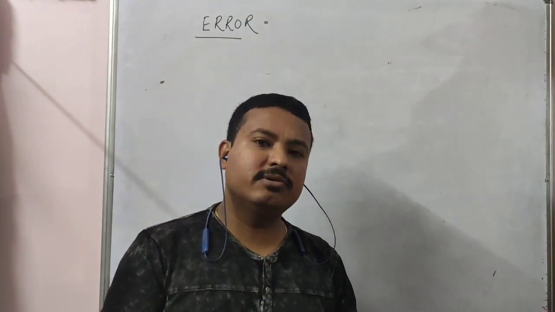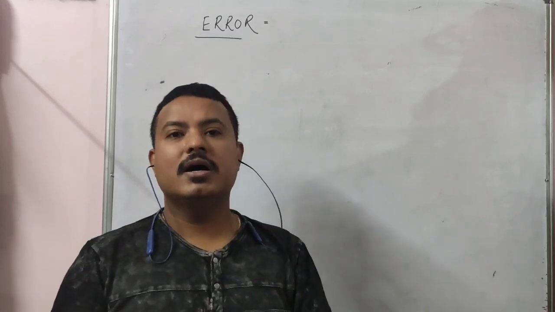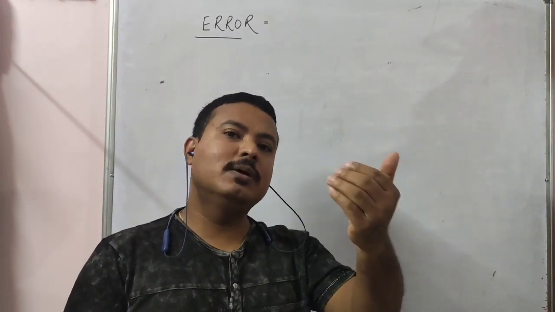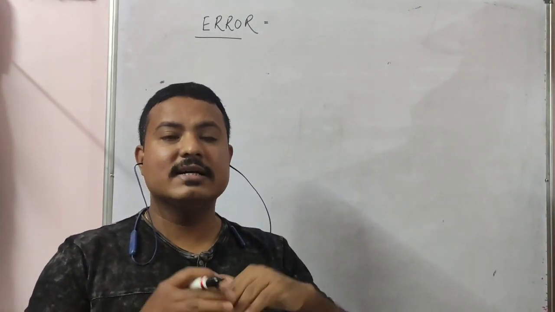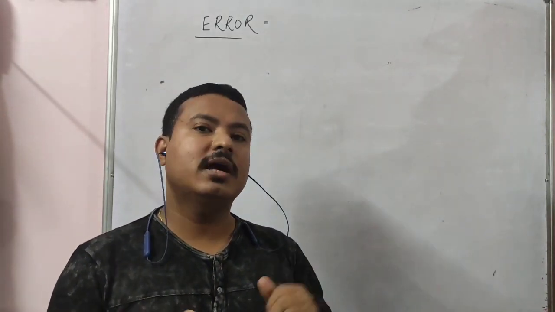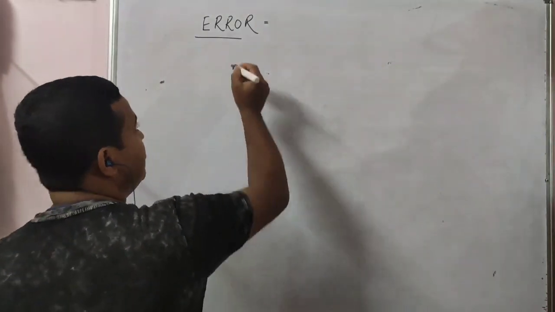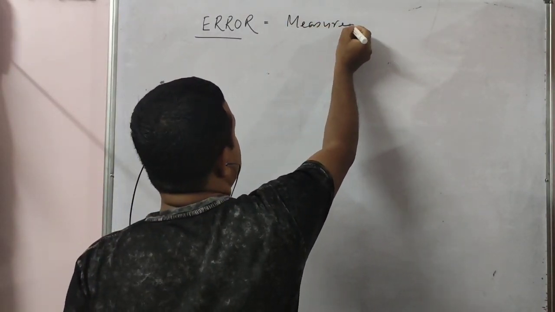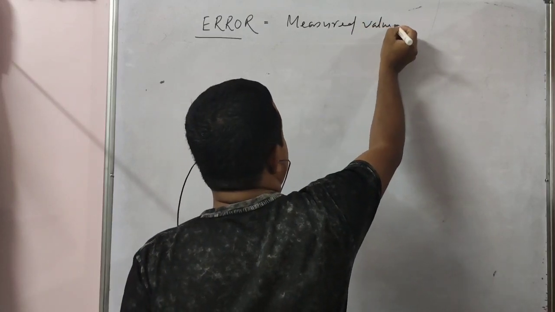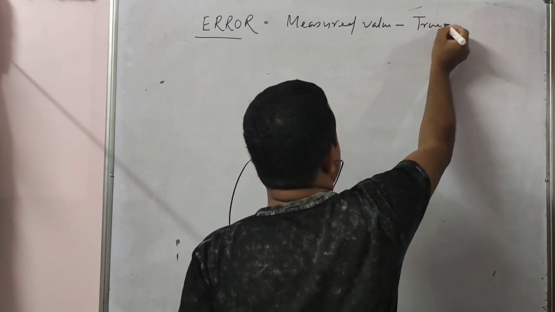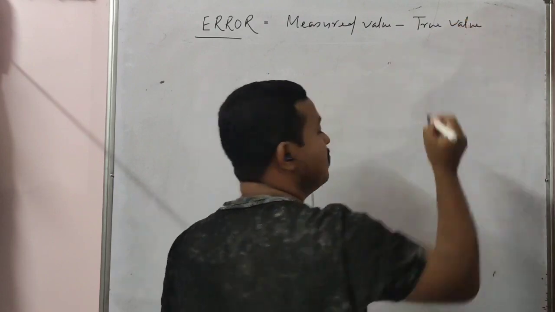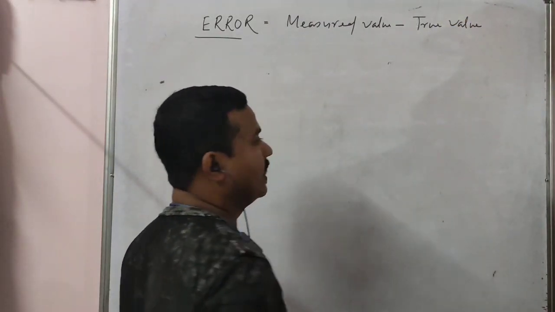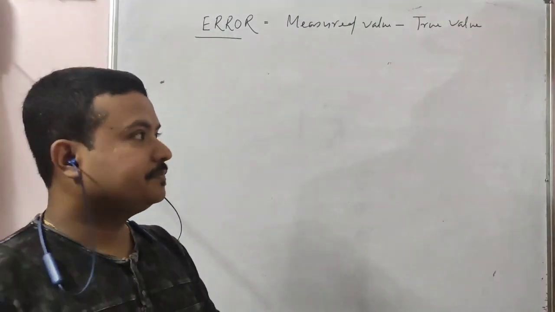That means our measured value may be different from the true value. It may be greater than the true value or it may be less than the true value. So this uncertainty in the measurement is called error, which is the difference between the measured value and the true value. That is called error.